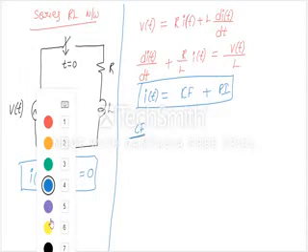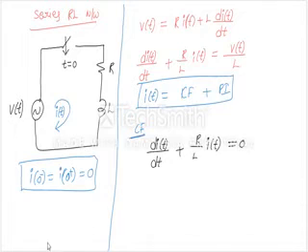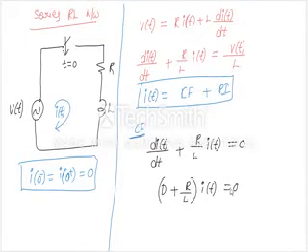Then this equation is d I of t by dt plus R by L into I of t equal to 0. This I can say (D plus R by L) into I of t equal to 0.